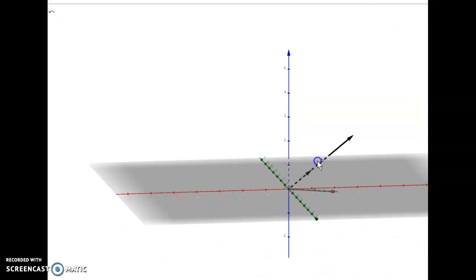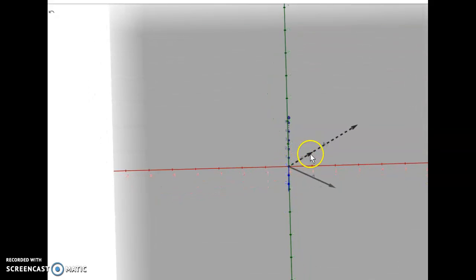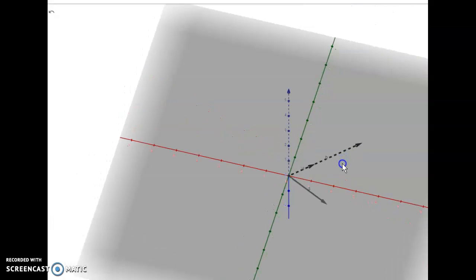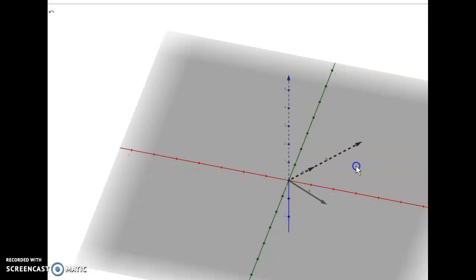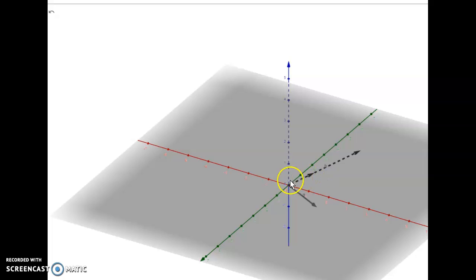As you can see, this is the new vector, the projection of A onto B. We might not be able to look at it exactly as we want because it is 3D, but you get the idea. This is the projection, and we know the length is 5 over 14, just like we calculated before.